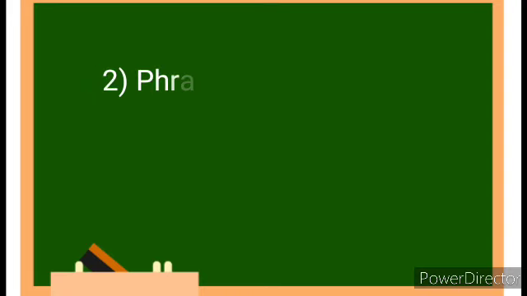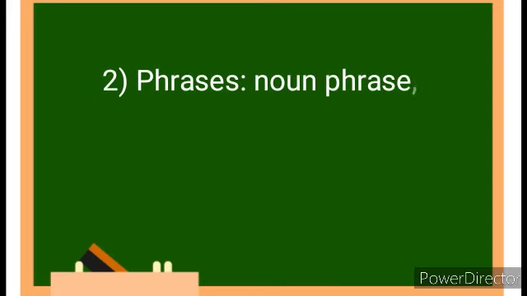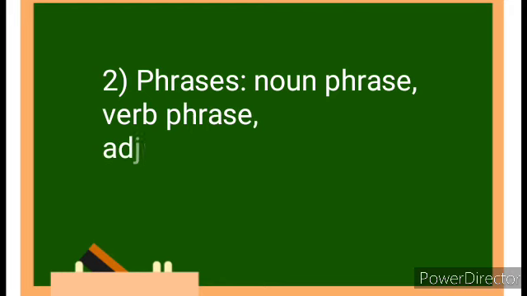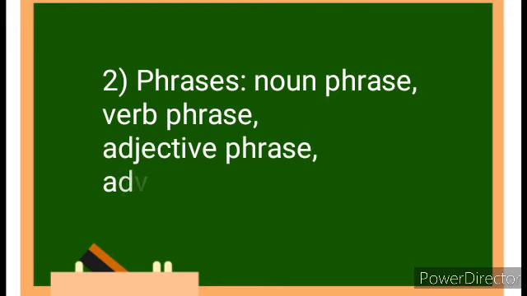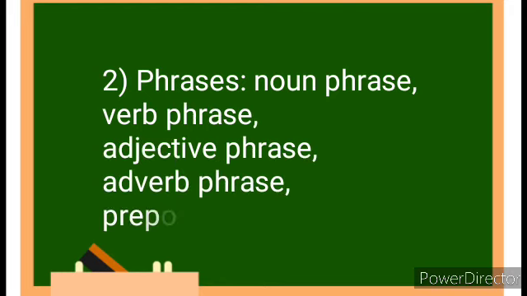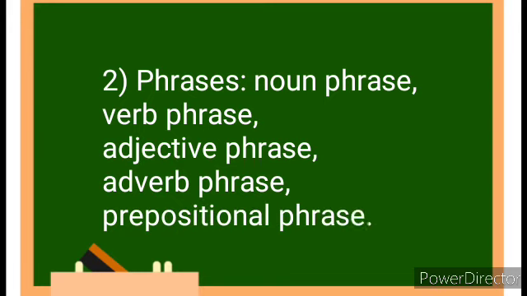In the next lesson, we are going to study the phrases. There are 5 different phrases which we are going to study in this semester. The first phrase is a noun phrase. The second is verb phrase.